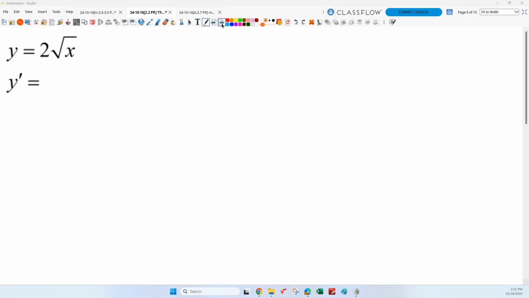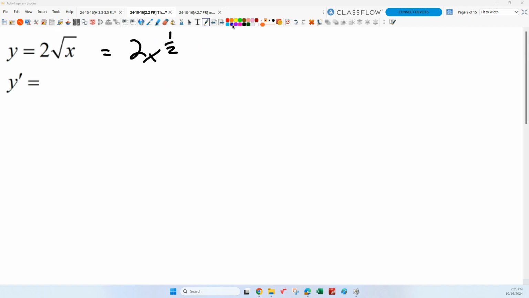How about that one? That does not look like the power rule should apply, but it does. X to the 1/2. If you have a radical, you just turn it into a fractional exponent and you use the power rule. So we would want to rewrite this as 2x to the 1/2.